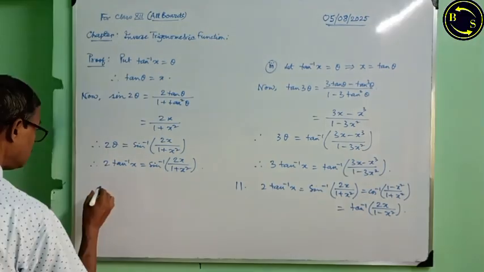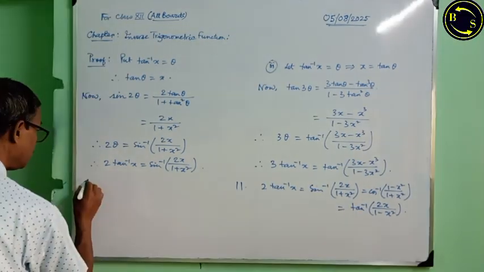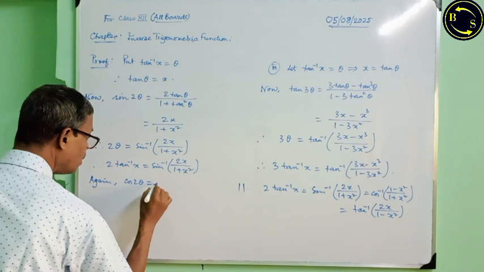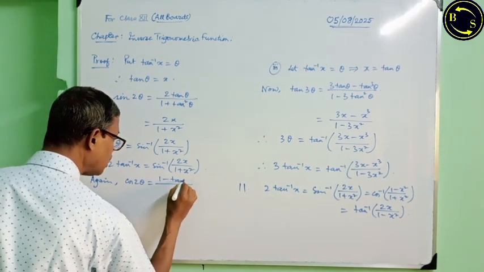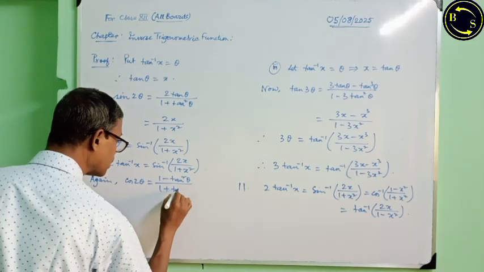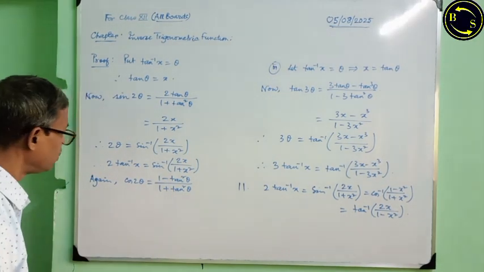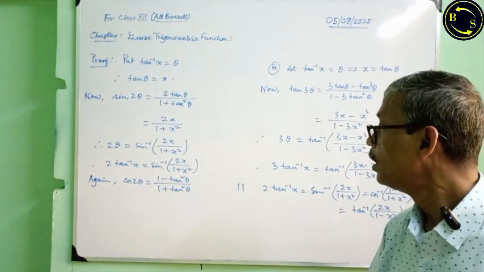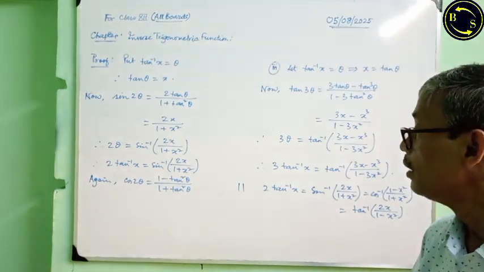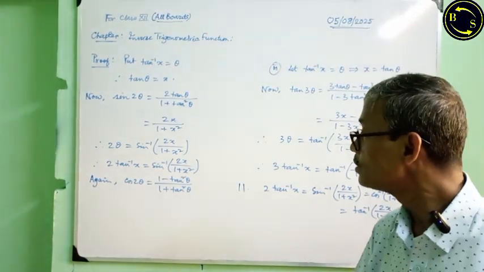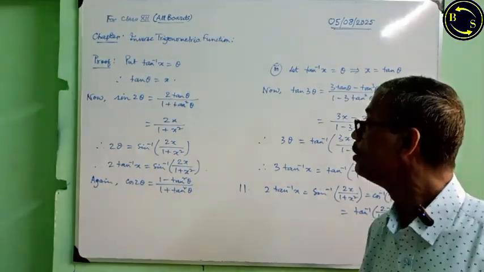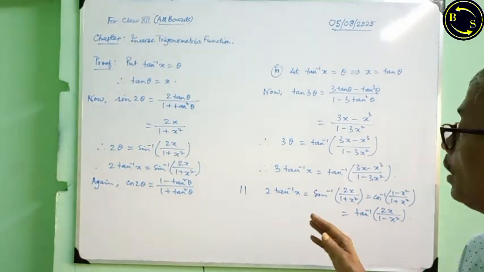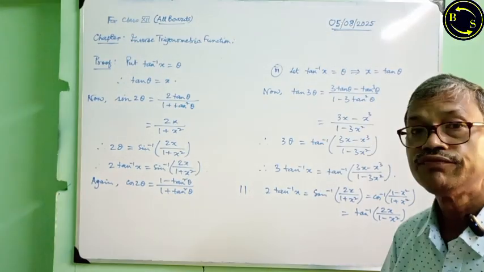Then for the second one, again cos 2 theta is 1 minus tan square theta by 1 plus tan square theta. Actually, while we discuss trigonometric ratios of multiple angles, I always encourage students to deduce the identities for sine 2 theta, cos 2 theta, tan 2 theta in terms of tan theta.